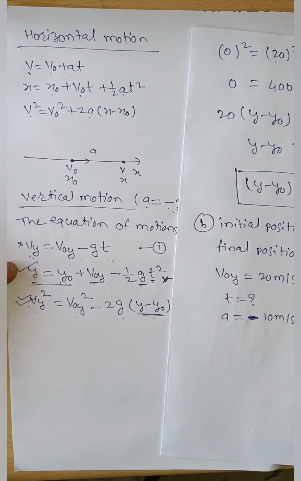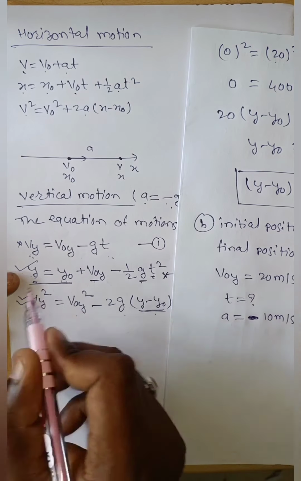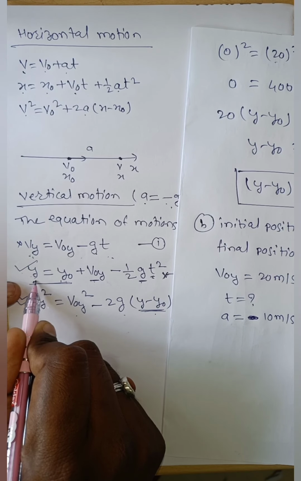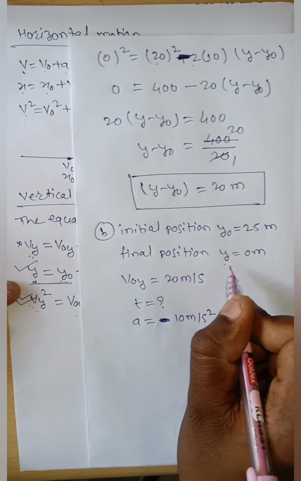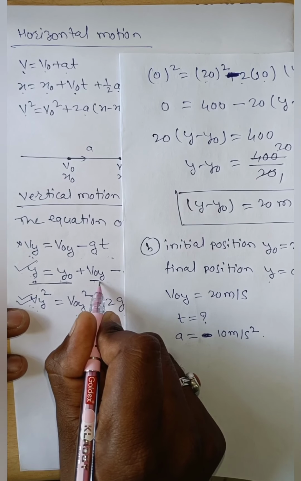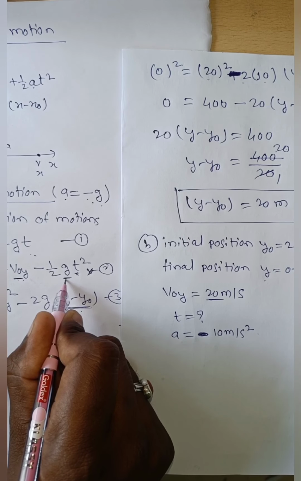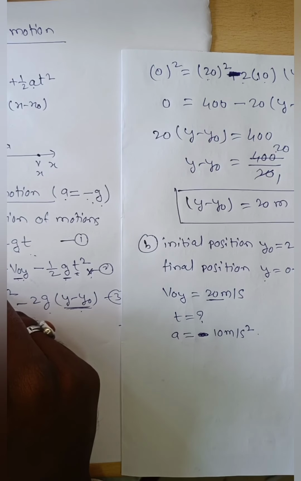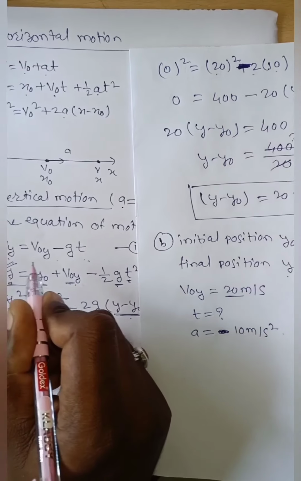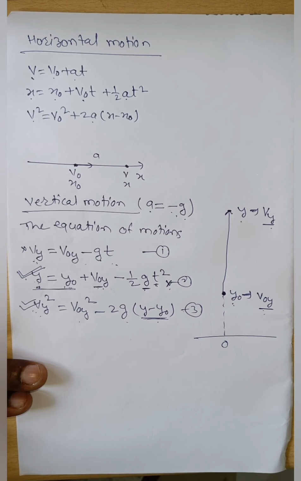Now see the second formula: y is the final position, which we know, y naught we also know, v naught y the initial velocity is 20 meter per second, and the g value we also know. Therefore we prefer the second kinematic equation: y is equal to y naught plus v naught y t minus half g t square.